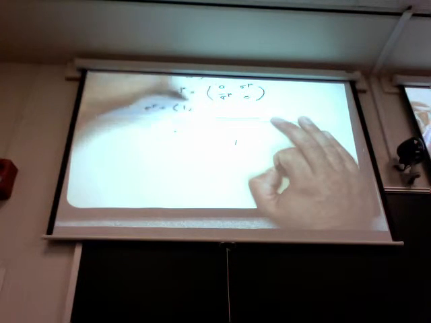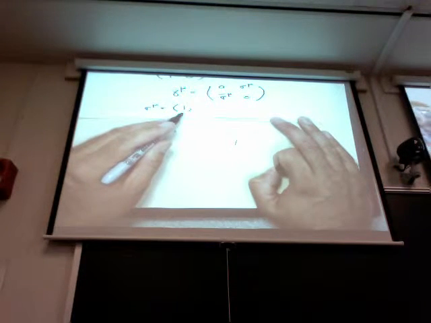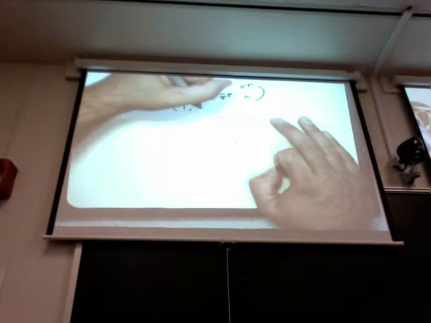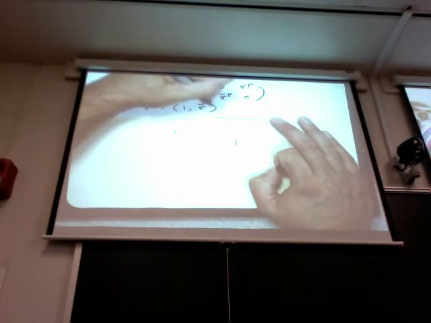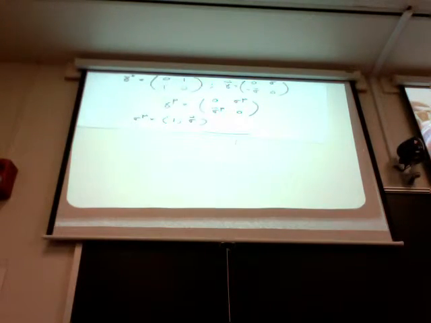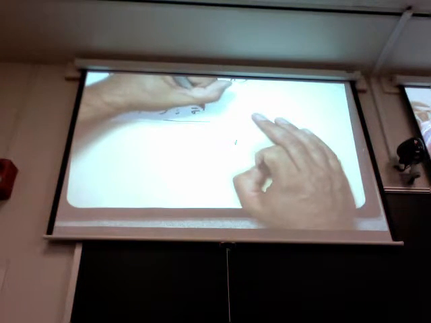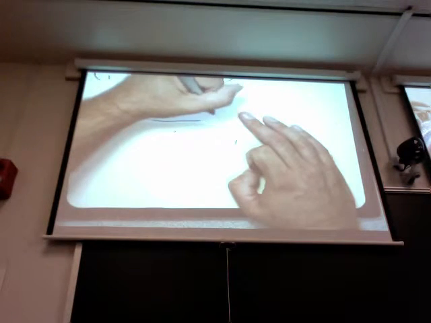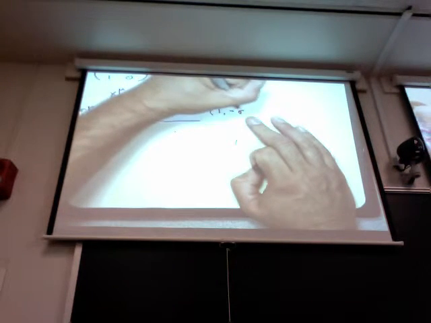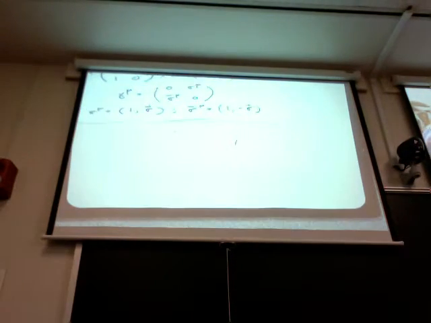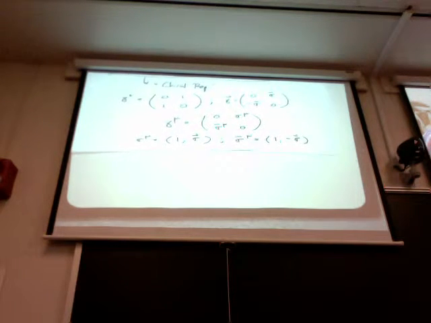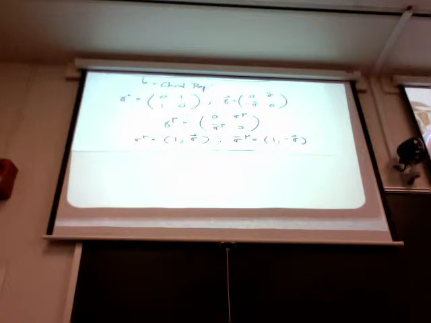It's an identity matrix in the time component, and then the vector sigma. And sigma bar is 1 and minus sigma vector. This is all just to simplify the notation.